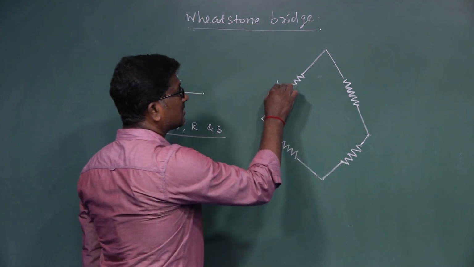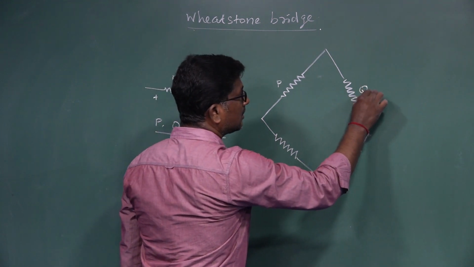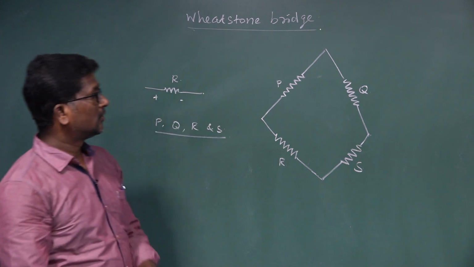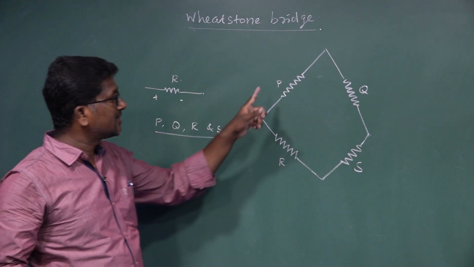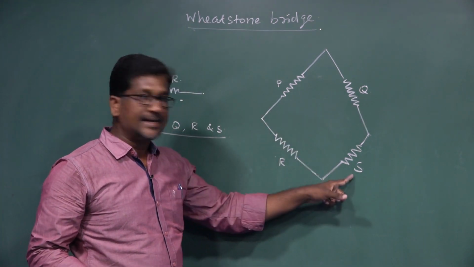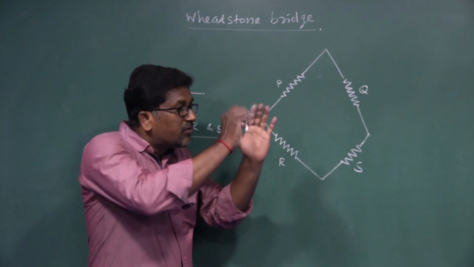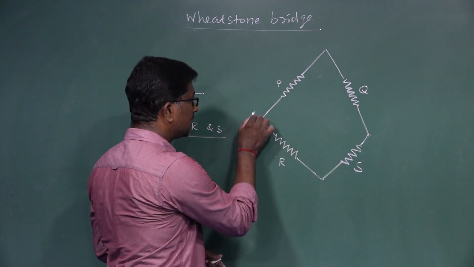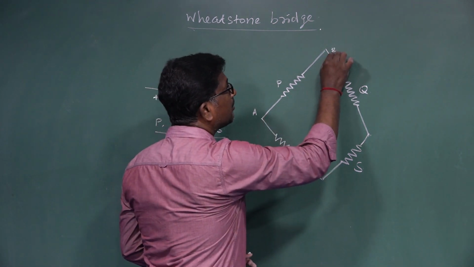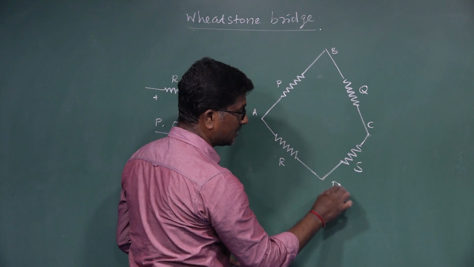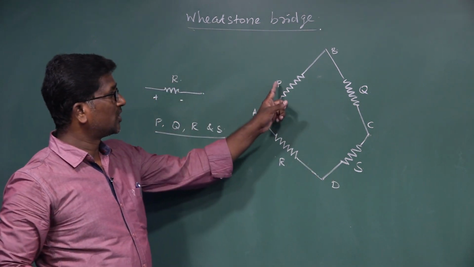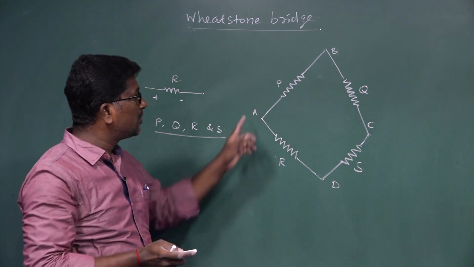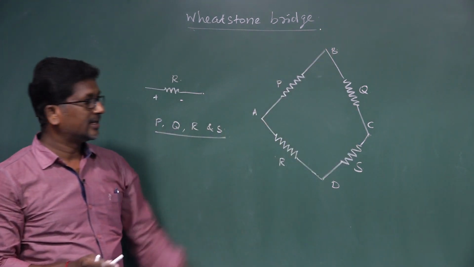The Wheatstone bridge consists of four resistances P, Q, R and S. They are connected in the form of a closed loop, that is A, B, C, D, A.